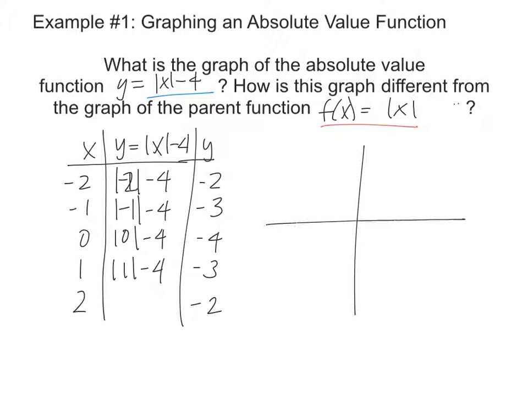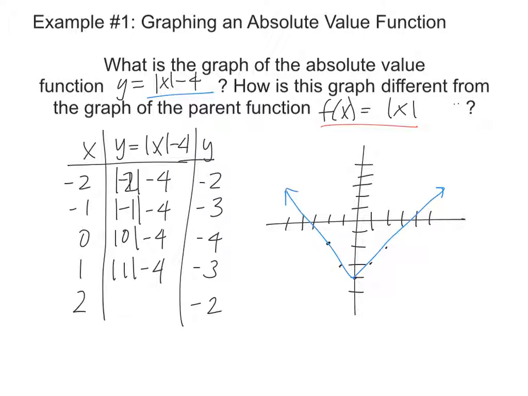So when I go to graph this function, our first point will be at -2, -2, then at -1, -3, and then at 0, -4. Afterwards, it goes from 1 to -3, and then 2 to -2. So we will notice that this function looks as so.